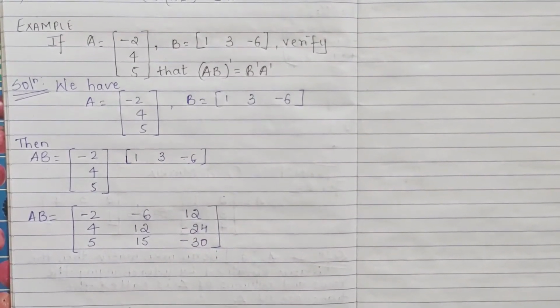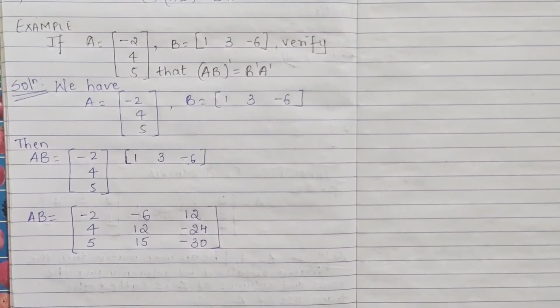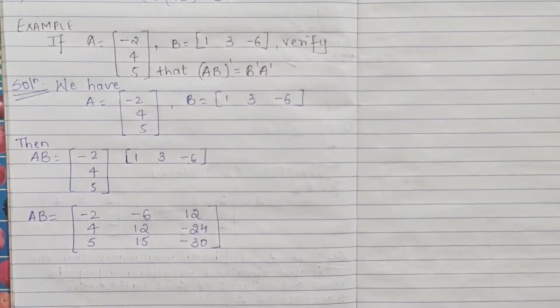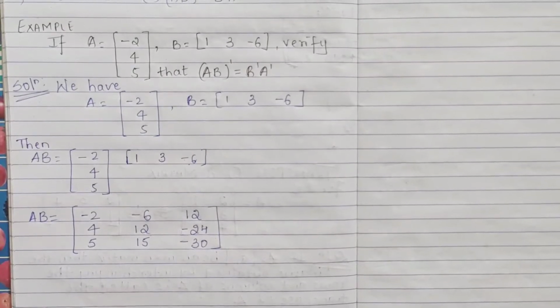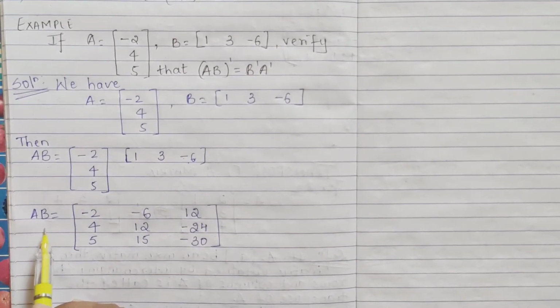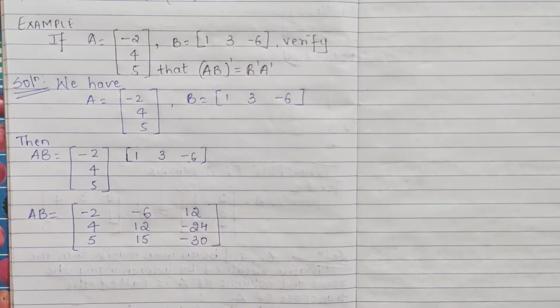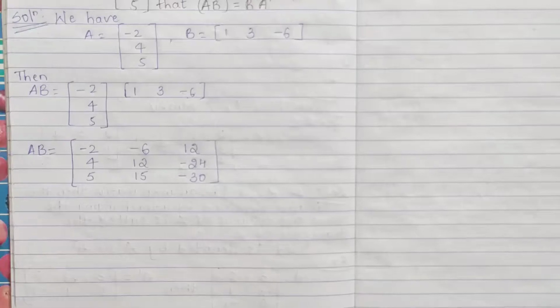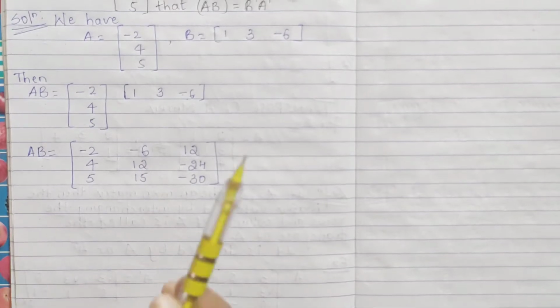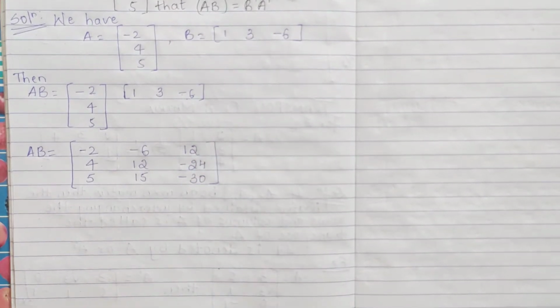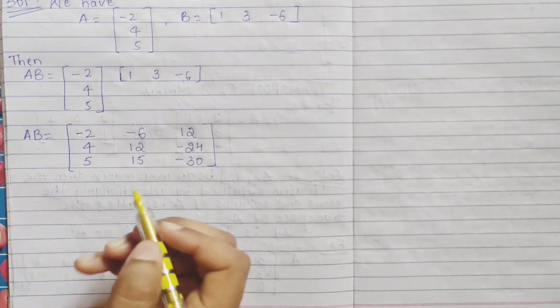Now next, try to do the next part, that is finding the transpose. Find your AB transpose. AB transpose is what? Interchanging rows to columns. Try to do it, all of you. Here in verification, they have asked you AB transpose, right?